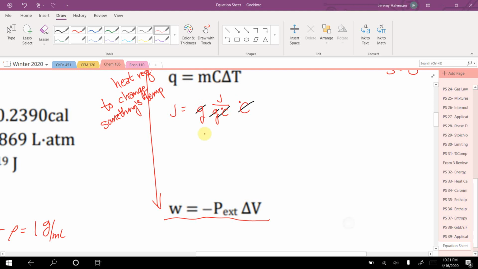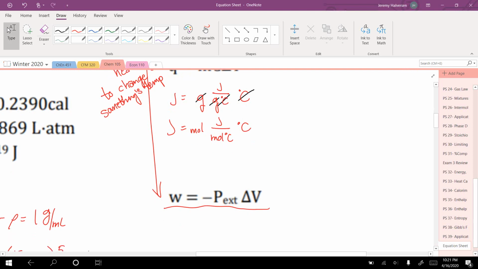All right, another thing to be aware of here, let's say they give you your C value in joules per mole degrees Celsius. Well, then you shouldn't multiply by mass, right? You should multiply by moles of your stuff and degrees Celsius to give you joules. Now, the other thing is with a calorimeter, which is just an object, you can't have a certain amount of moles or grams of a calorimeter.